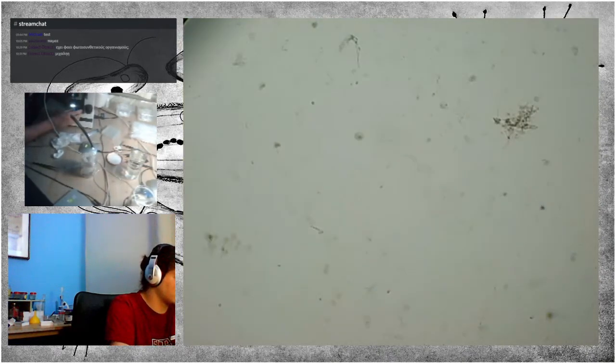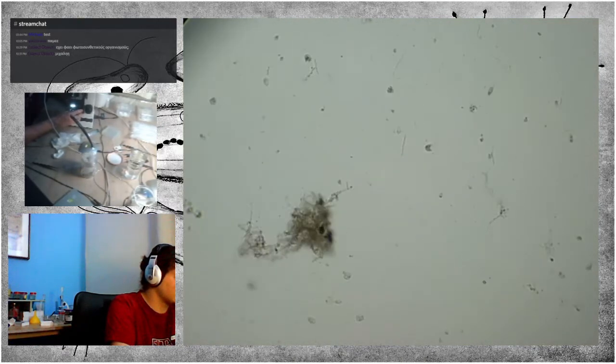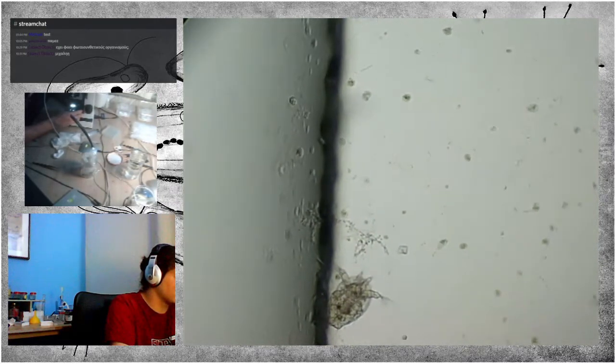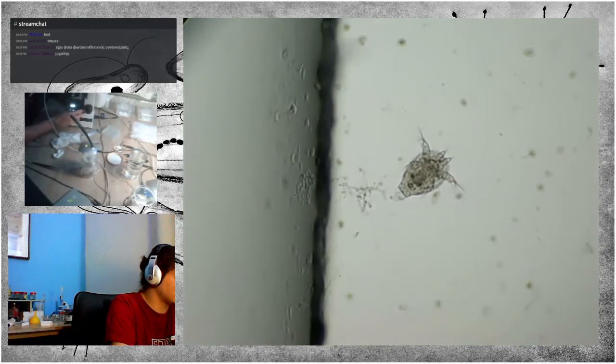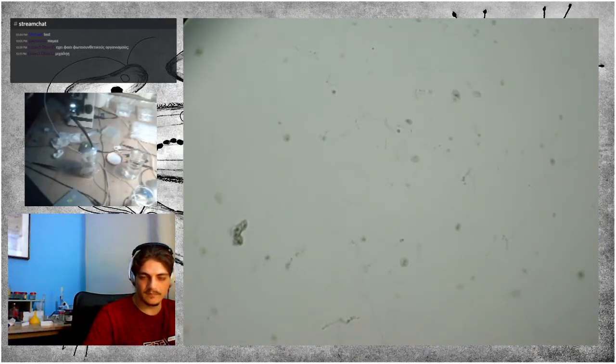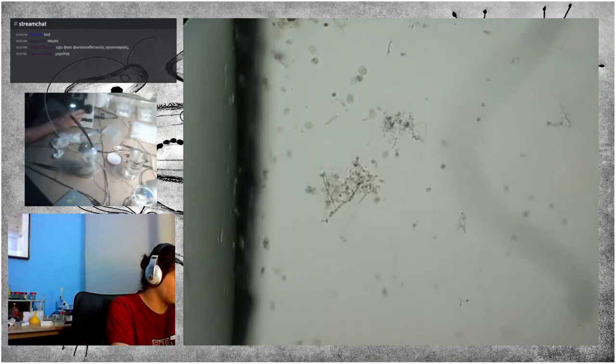Now let's go down in magnification again. I would like to find a larva that's not quite moving. Here is one. Let me find it again.